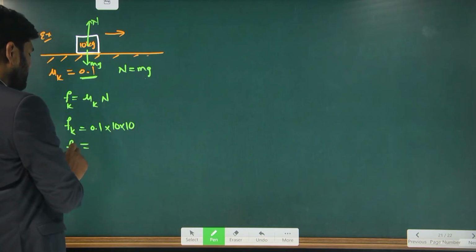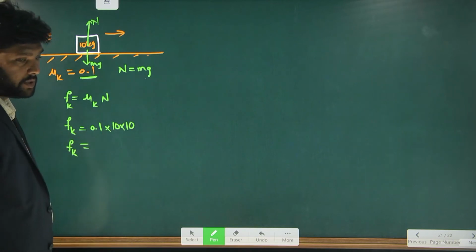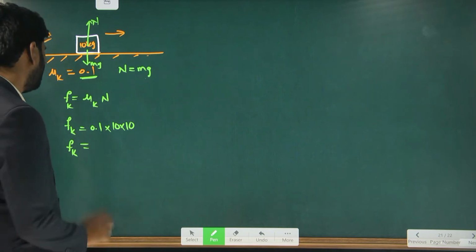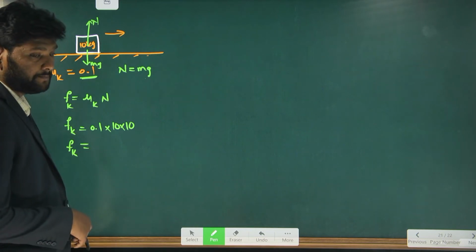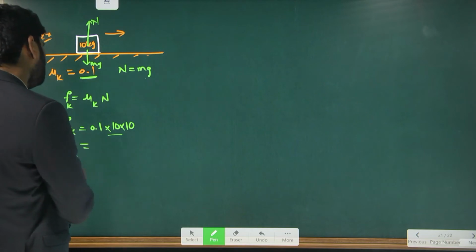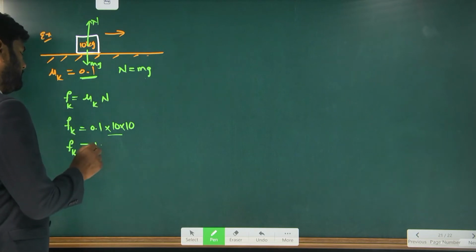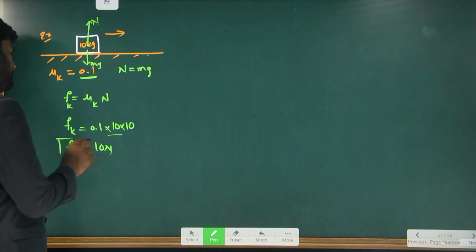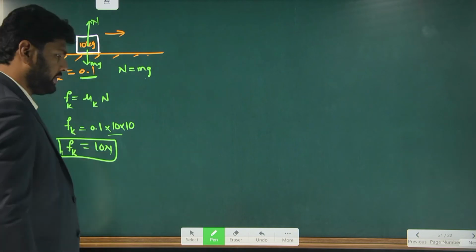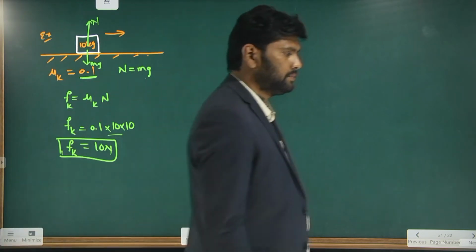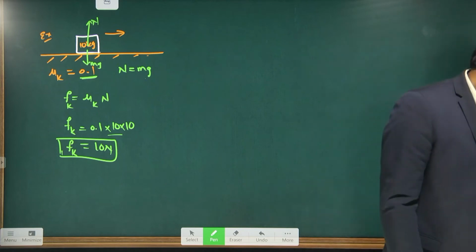So finally Fk is how much? 10 Newton. Understand? So kinetic friction is 10 Newton.